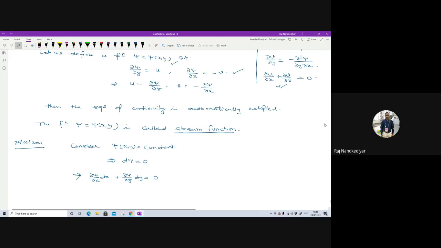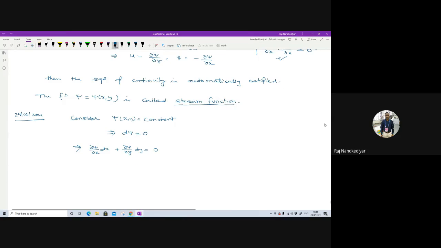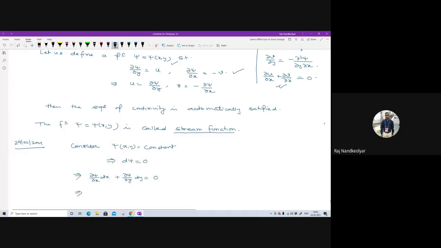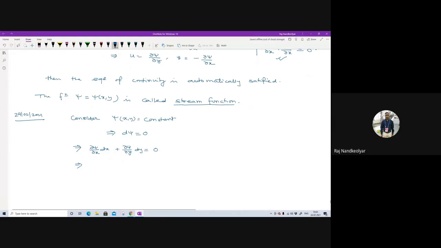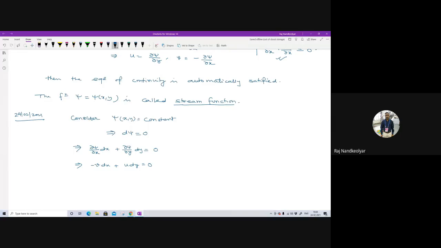You already know that psi satisfies the condition that del psi del x is equal to minus v and del psi del y is equal to u. So this is minus v dx plus u dy equal to 0.